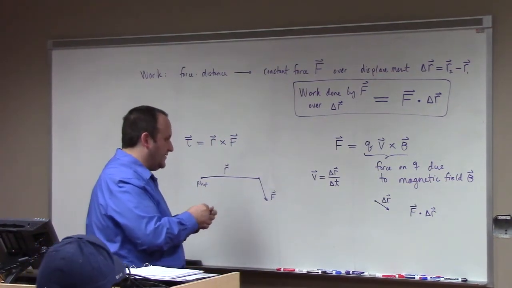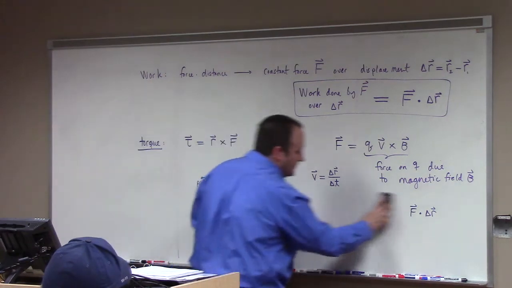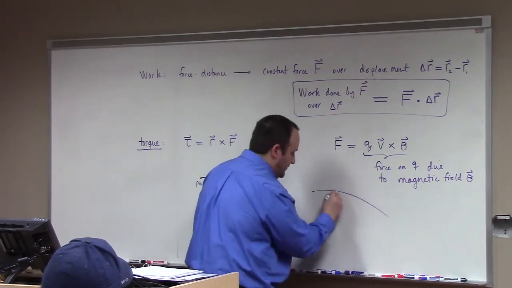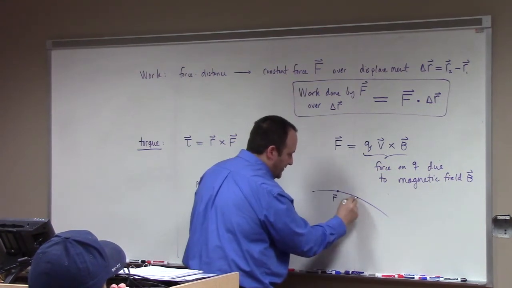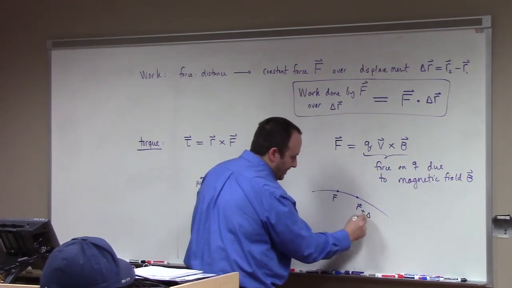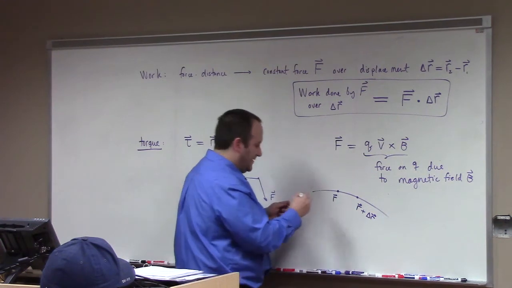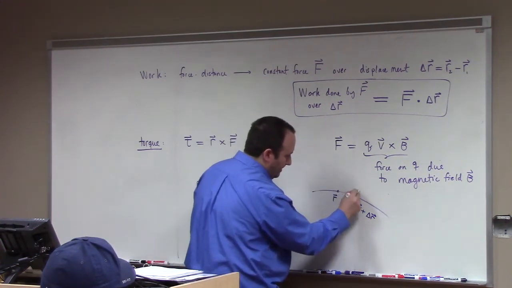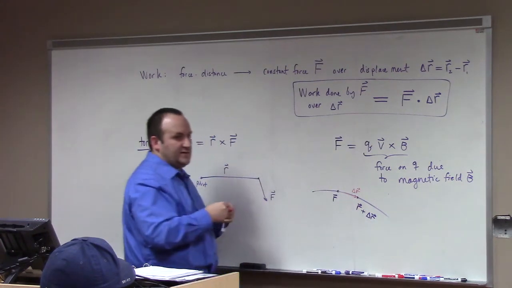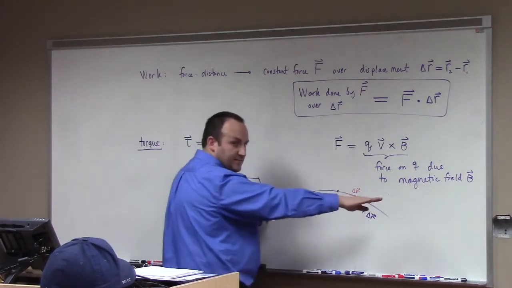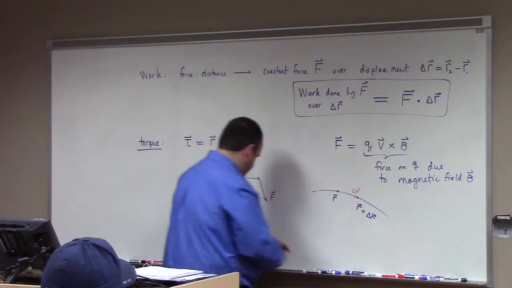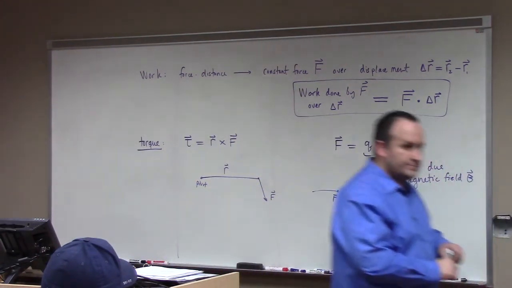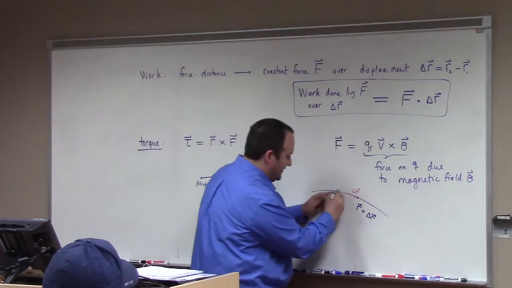Oh, I'm making this too complicated. Let me explain it a slightly different way. You've got a particle moving from this point to this point over here. The displacement looks something like this. What does the velocity look like as the particle moves from there to there? It's also like this.